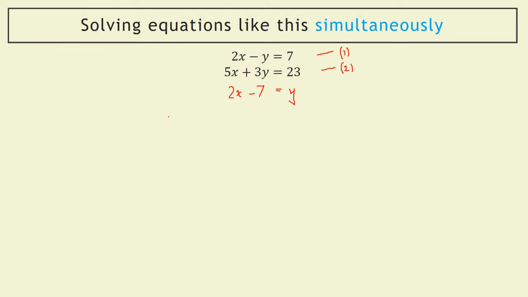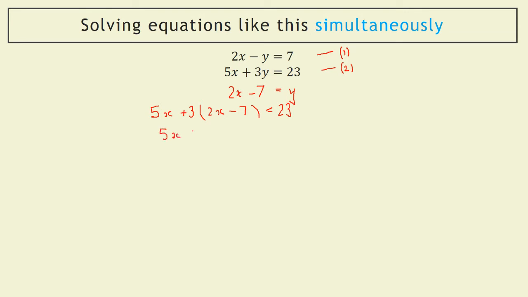And then we'll go for the method just the same as we did last time. 5 lots of x plus now 3 lots of y equals 23. That's what equation 2 says. 5 lots of x plus 3 lots of y is 23. 5x, okay, that's fine.